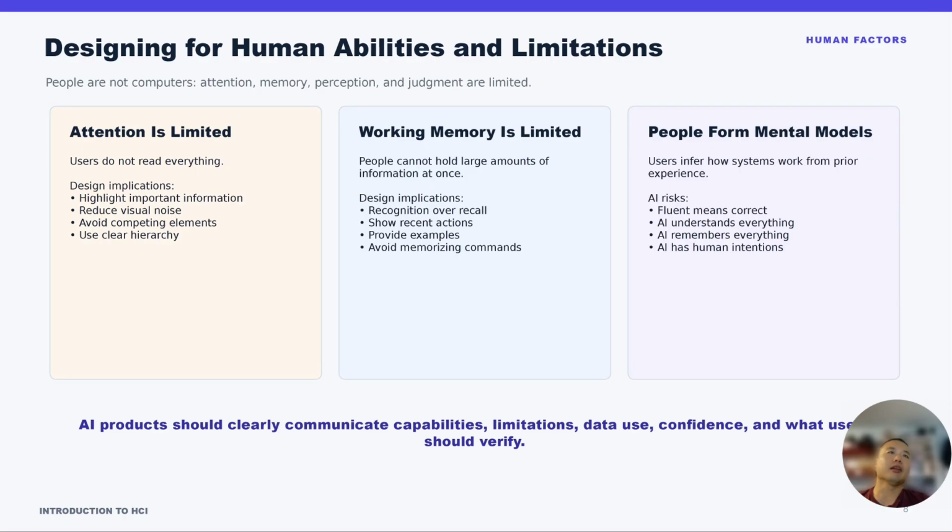And also people think AI has human intentions. People say, hey, AI is just like a human and talks naturally to the user, but AI actually doesn't have human intentions. AI imitates human intentions. So AI products should clearly communicate capabilities, limitations, data use, confidence, and what the user should verify.